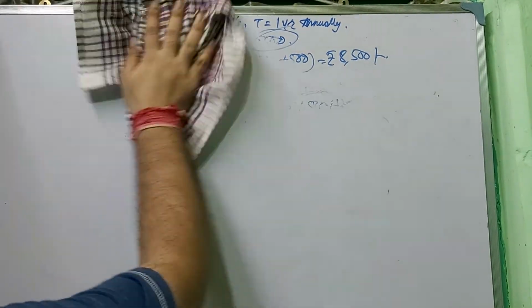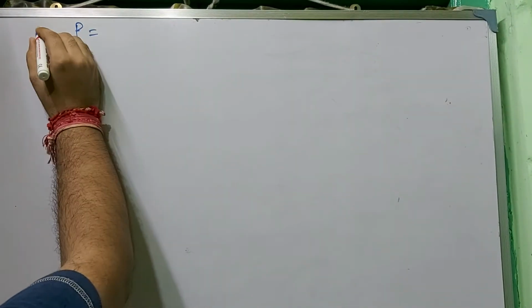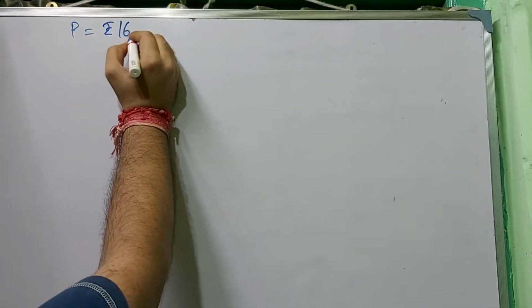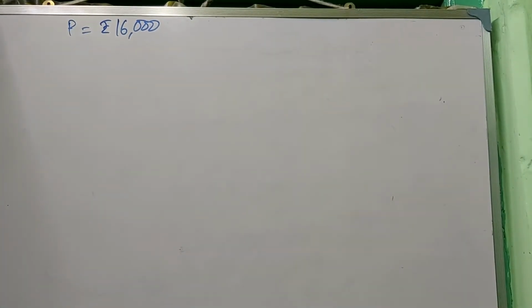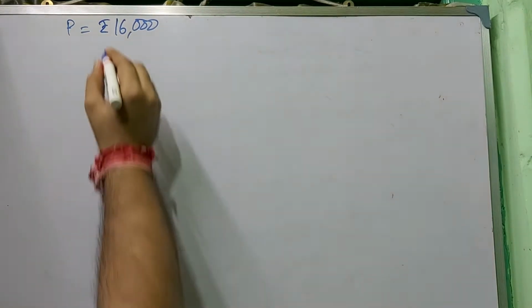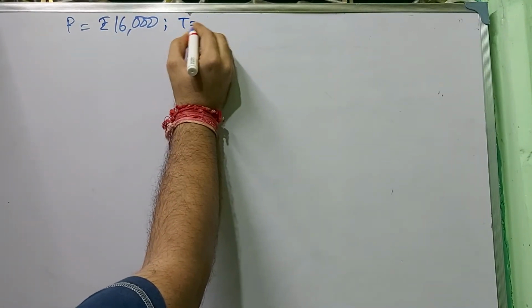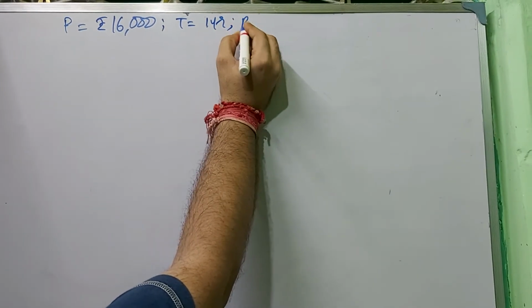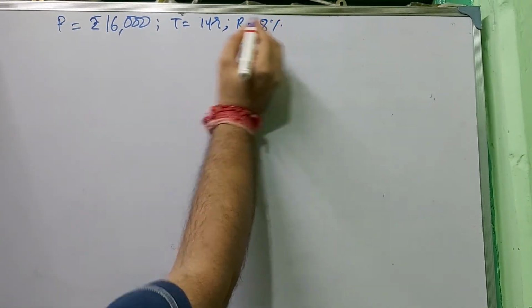The rate for the third year you have to calculate. It's easy. For the first 2 years you can do the same as before. This is today's sum. P is given, P will be 16,000. Time will be 1 year. Rate given for the first year is 8%.